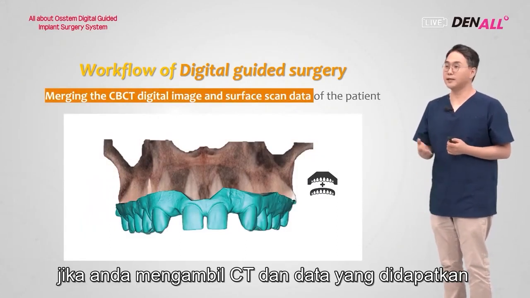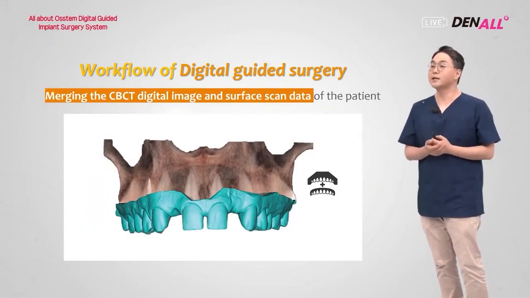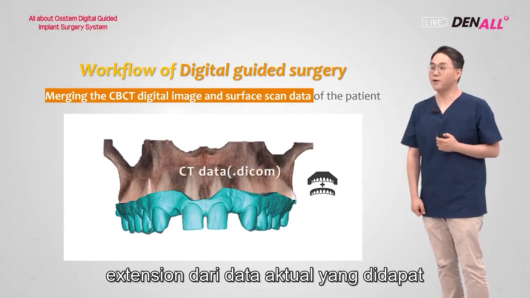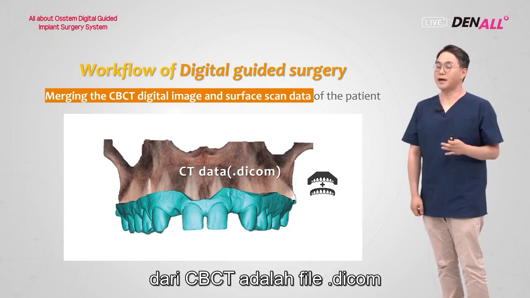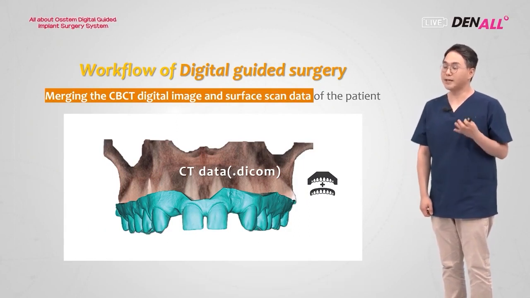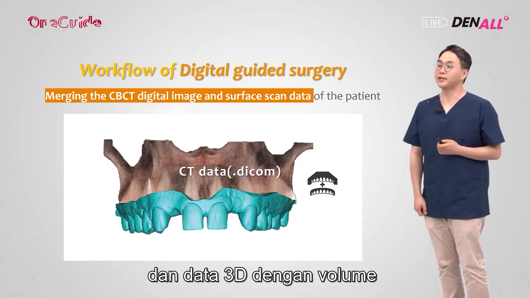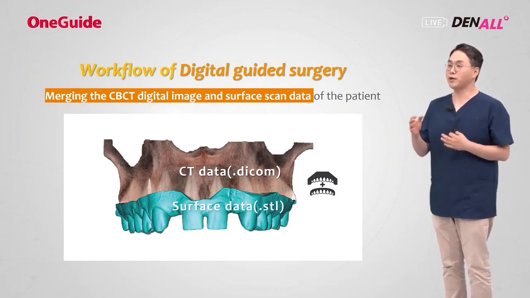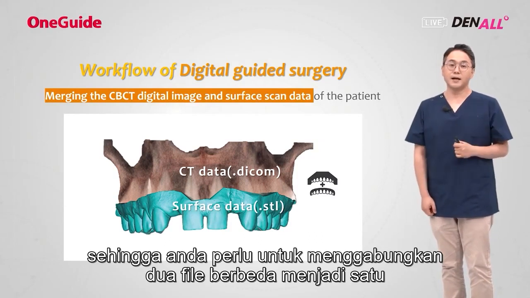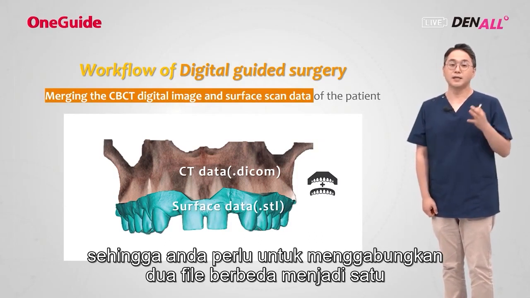The data you get from CBCT has the extension called DICOM, and the 3D data with volume from surface scanning is called an STL file. So you need to merge the two different files into one.